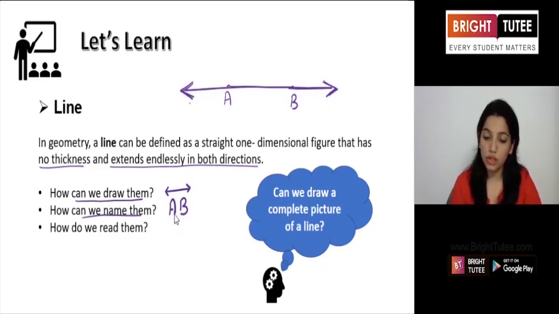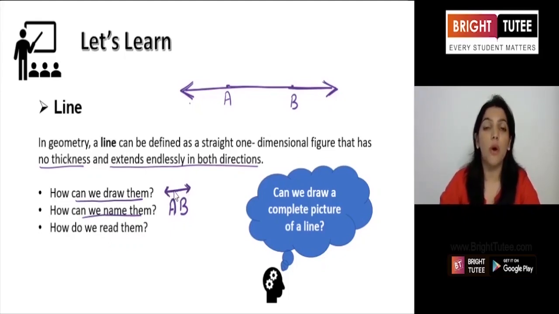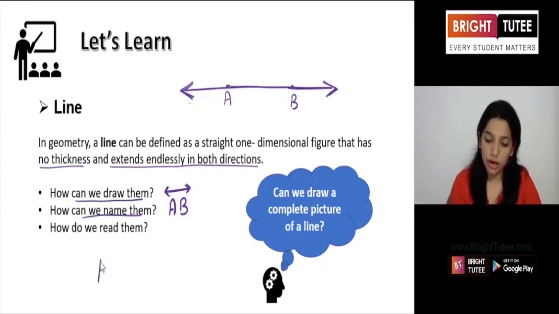So here, we show a line, we name it by using any two random points, and with the help of these 2 points, we name the line by putting a bar with the arrows pointing in the opposite directions. Now if I'm writing this here, can you tell me how you are going to read this? This can be read as line PQ.